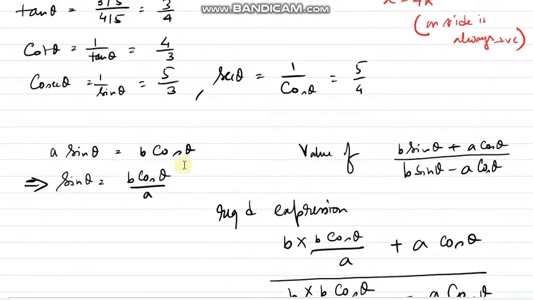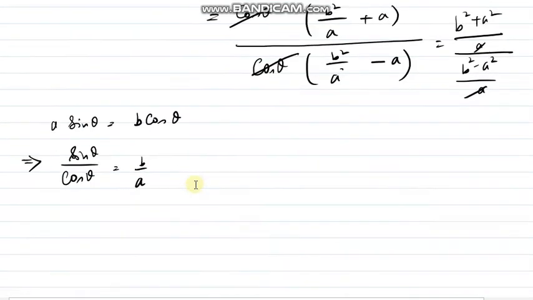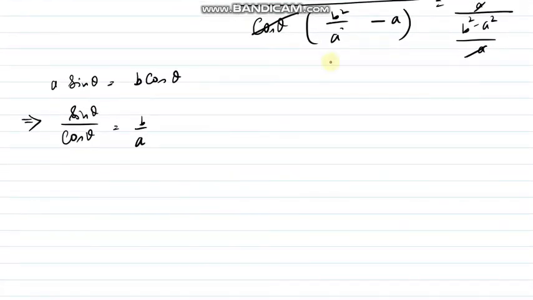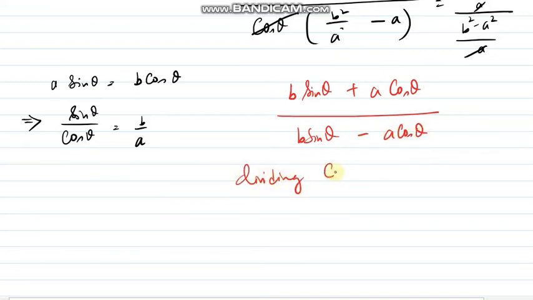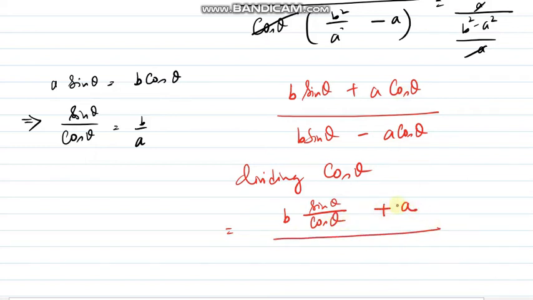Now the same sum, it is (b sin theta plus a cos theta) divided by (b sin theta minus a cos theta). If I divide numerator and denominator by cos theta, it will be b sin theta divided by cos theta plus a, since cos theta by cos theta is 1.